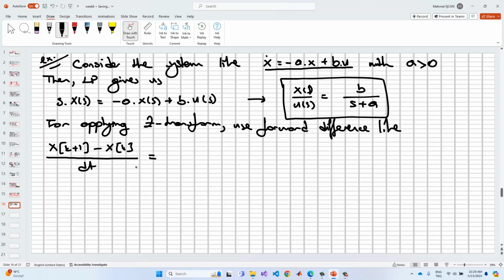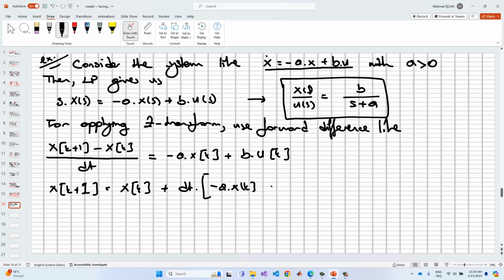This is the first order difference equation, and then minus a times x(k) plus b times u(k) must be written in here. Okay, and then we reorganize the whole equation, taking the x(k) to the right hand side, which yields x(k+1) equal to x(k) plus dt times (minus a x(k) plus b u(k)).